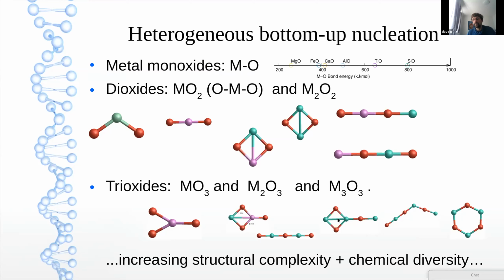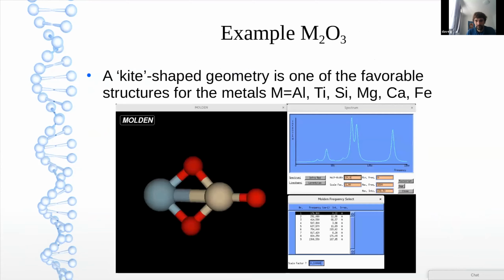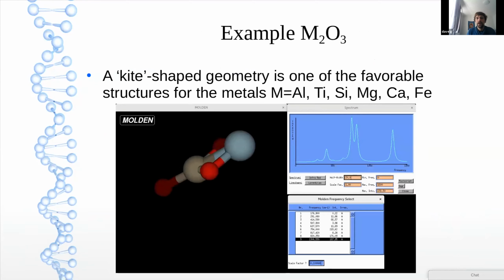To give you an example, I show you here a silicon aluminum tetroxide, which I calculated, and that can be characterized by its vibrational modes, which can be observed in the near infrared.